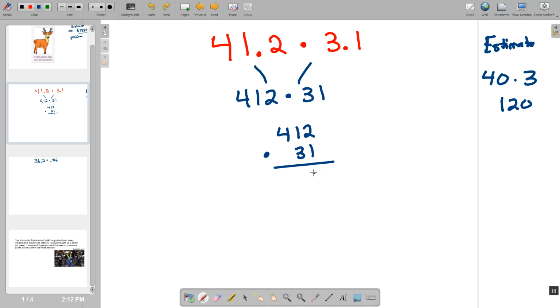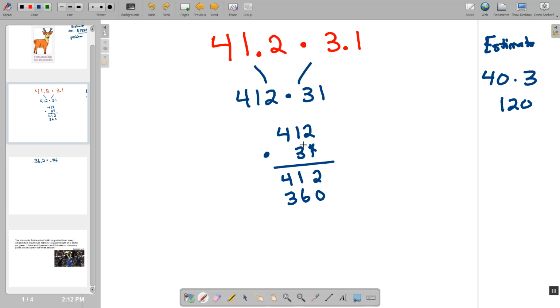2 times 1 gives us 2. 1 times 1 gives us 1 in the tens place, so 10. And then 400 times 1 gives us 400. Now, since that number is done, we put a 0 in the ones place because we're now doing 3 tens times 2 ones, which gives us 6 tens. 3 tens times 1 ten gives us 3 hundreds.